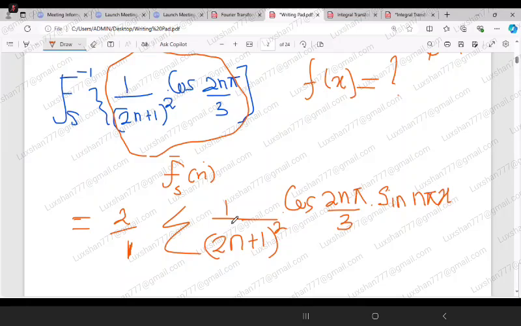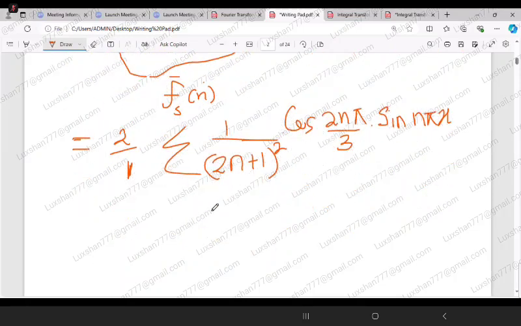Our L is equal to 1. So this is the inverse one. If you write it properly, you can do some simplification here. Otherwise, you can just keep it as it is.